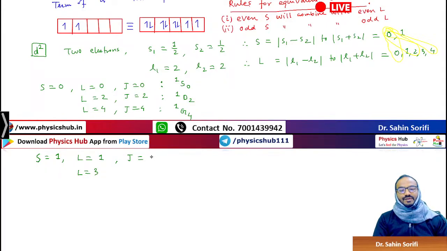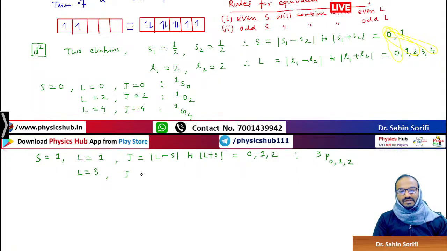The value of J will be between L minus S to L plus S, so 0, 1 and 2. Correspondingly the term will be 2S plus 1 is 3, L equal to 1 means P. There are 3 J values, 0, 1, 2, so the term you can write is 3P. It has 3 J values.